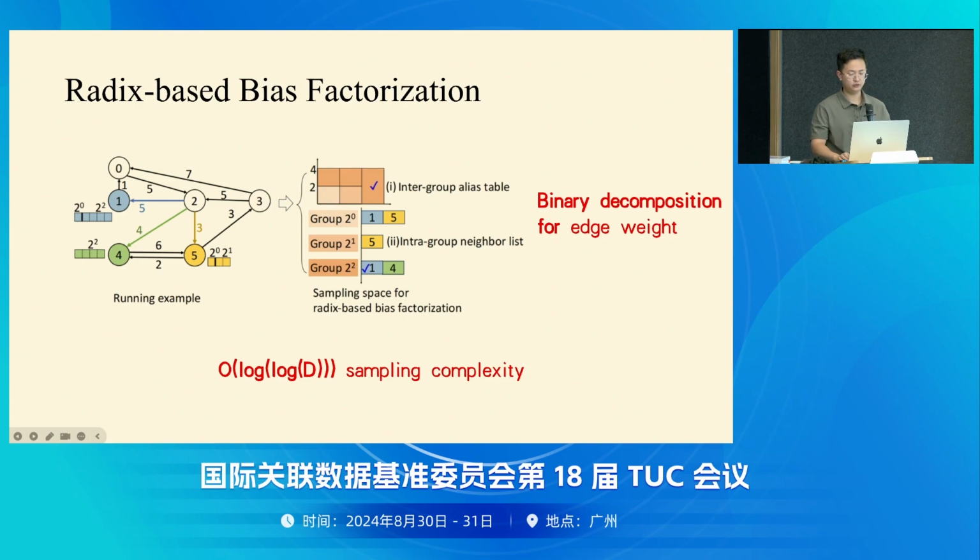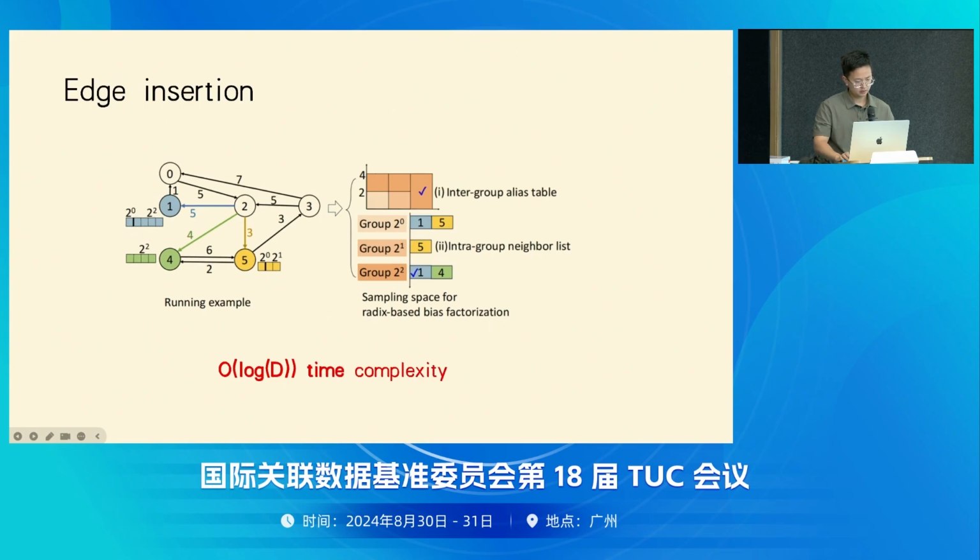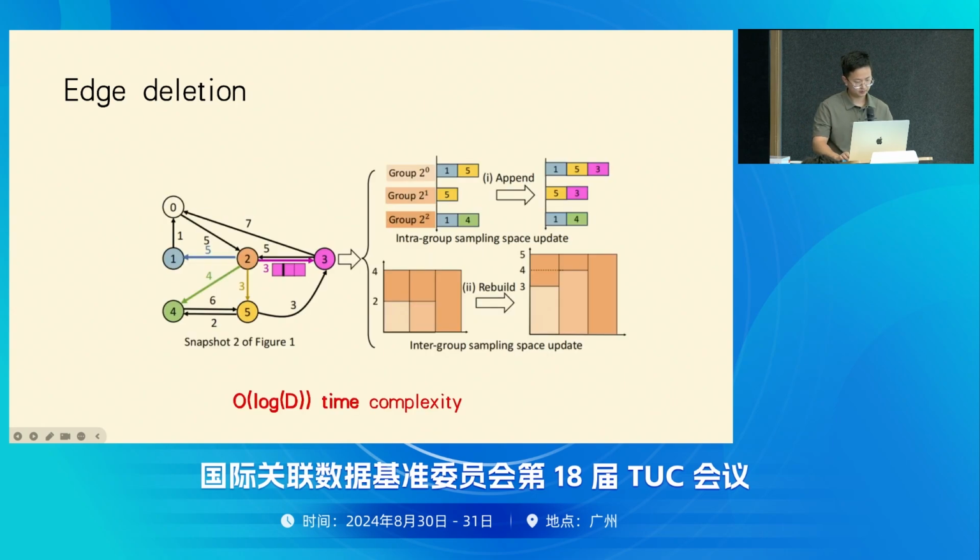On sampling, we only need to first use the ITS on the prefix sum array of different groups using O(log D) time complexity and directly index the sampled edge inside each group. For edge inserting, we also use the binary decomposition by dividing the edge weight into log D parts and inserting them into each group.